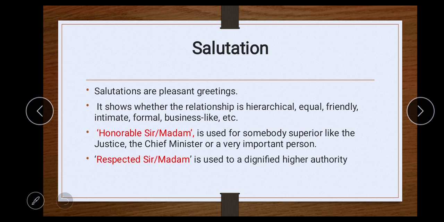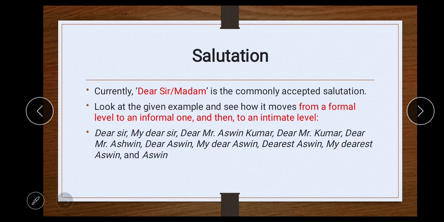It shows whether the relationship is hierarchical, equal, friendly, intimate, formal, business-like, etc. Honorable sir or madam is used for somebody superior like a justice, the chief minister, or a very important person. Respected sir or madam is used for a dignified higher authority. Dear sir or madam is the commonly accepted salutation.